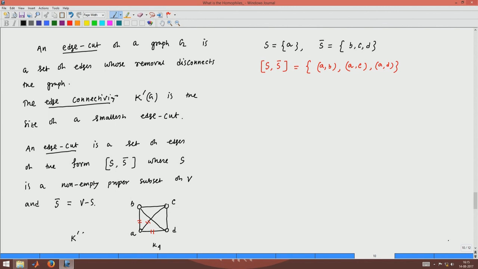So, K prime K4 is also equal to 3, and the vertex connectivity was also 3 for this graph. Now, let me take another example to get an idea about how this vertex connectivity and the edge connectivity are related.